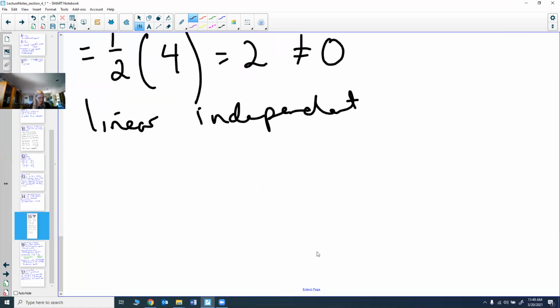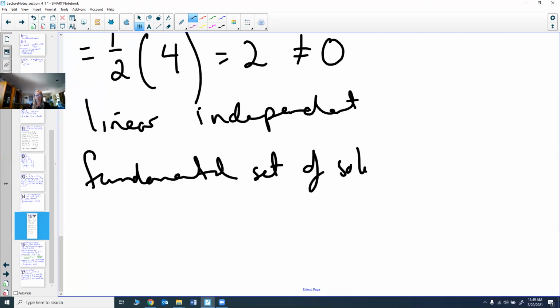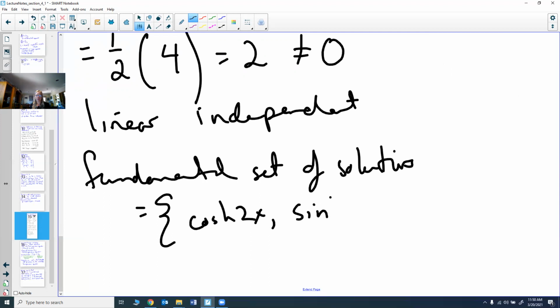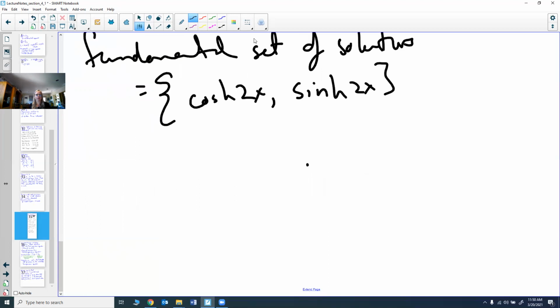We know that they now form a fundamental set of solutions, and that fundamental set of solutions is cosh of 2x and sinh of 2x. And so we can now write our solution.